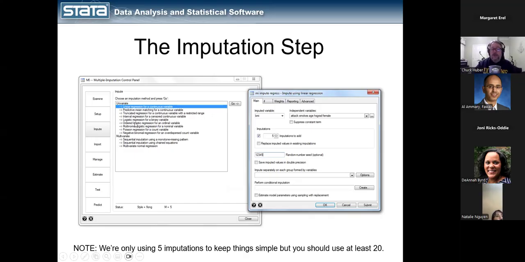There are ways of doing the imputation step for binary data that has missing data. Same thing with ordinal logistic regression if you have ordinal data, multinomial if you have nominal data, and even Poisson and negative binomial if you have count data. So those are your options for imputing different kinds of variables that contain missing data.